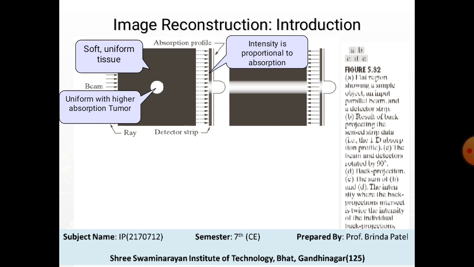Here we know it is soft uniform tissue with a higher absorption tumor, and here is shown the intensity, which is proportional to the absorption.